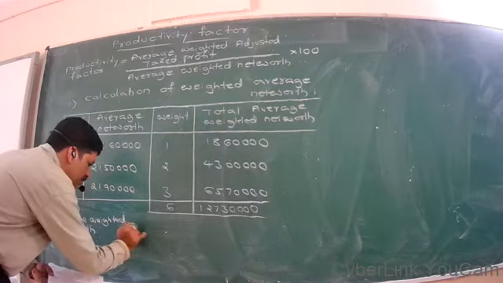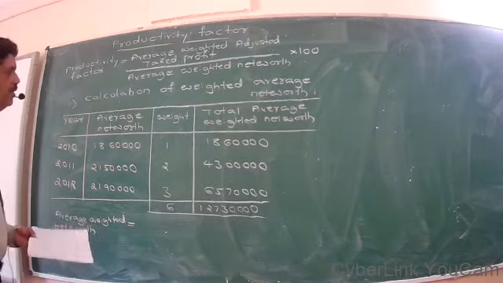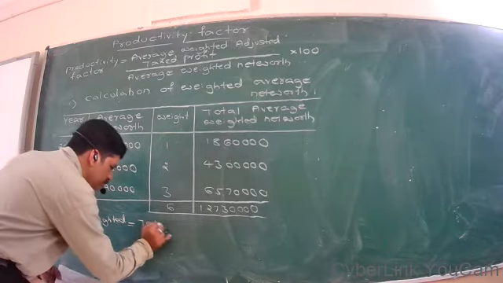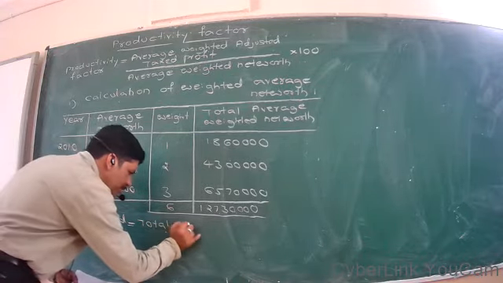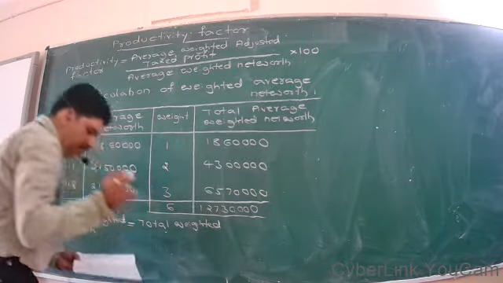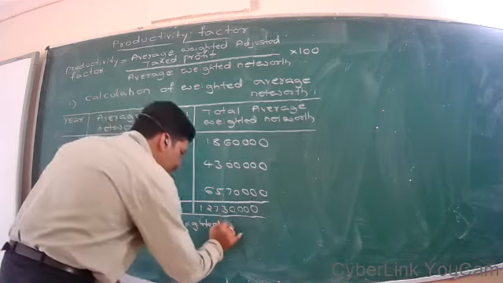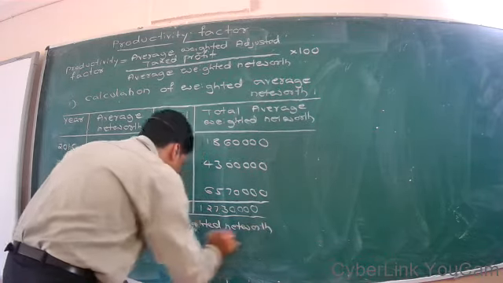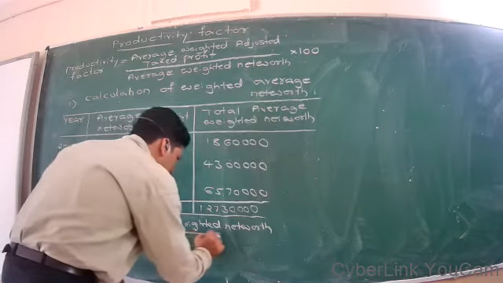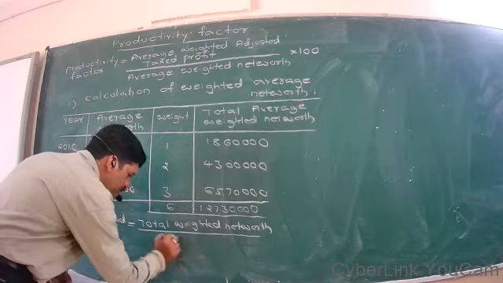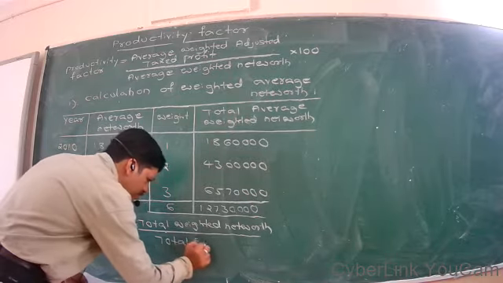That is equal to total weighted net worth divided by total weights.